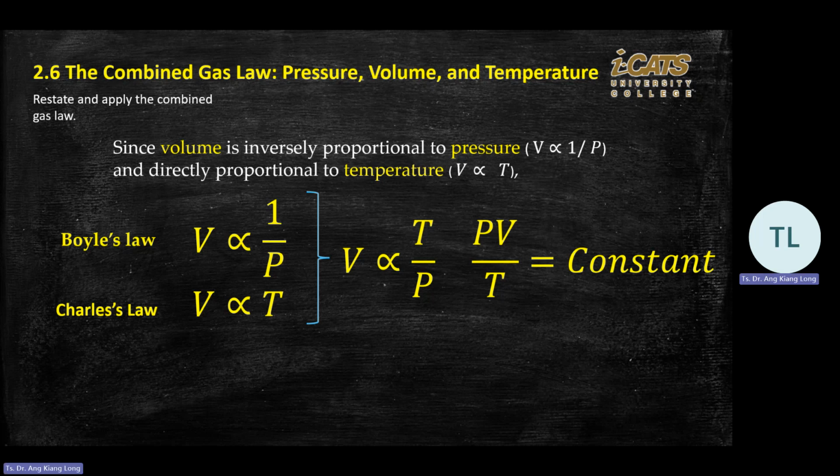You need to write this one: PV divided by T equal to a constant, which is the combined gas law. In a later section, you will see what this constant is.